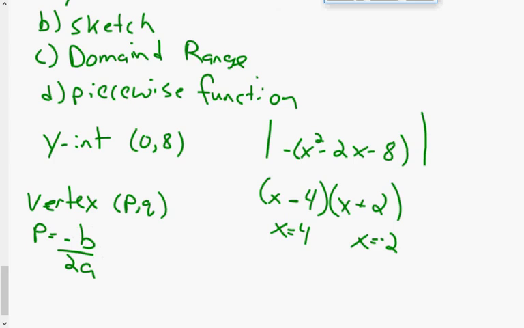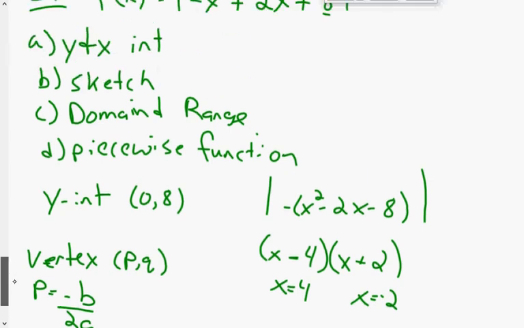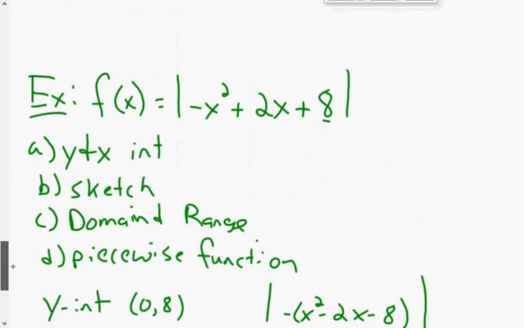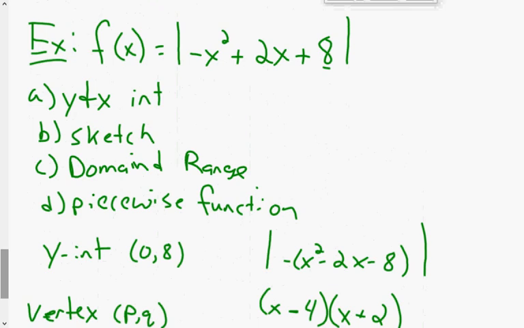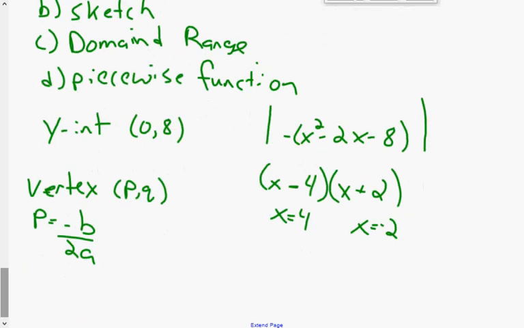All right, so I'll give you my P value. All you do is negative B, right? So look at your original function here. It's 2 and -1, so it's just -2 over 2 times -1.